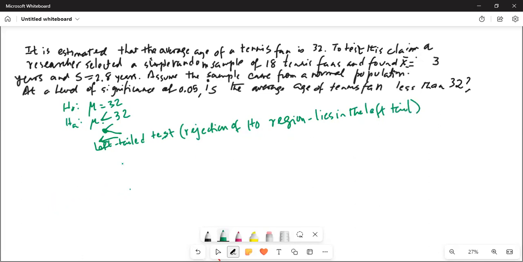Alpha is given as 0.05. This is the maximum probability of rejecting H0 when it is true.